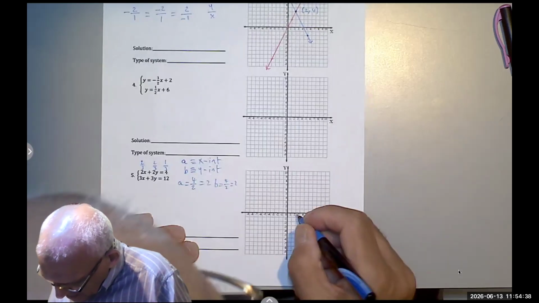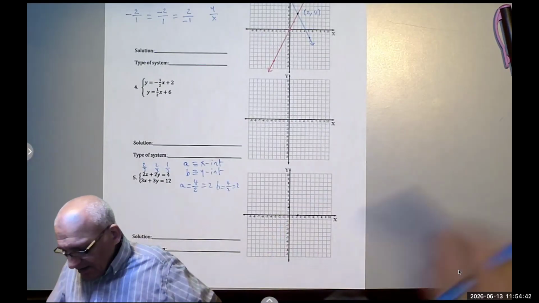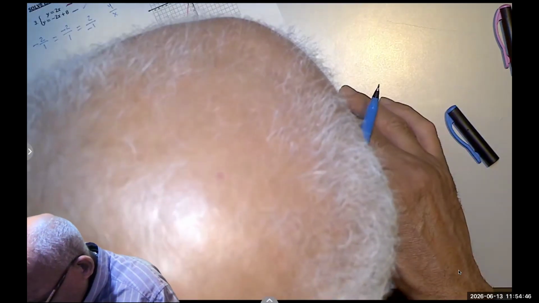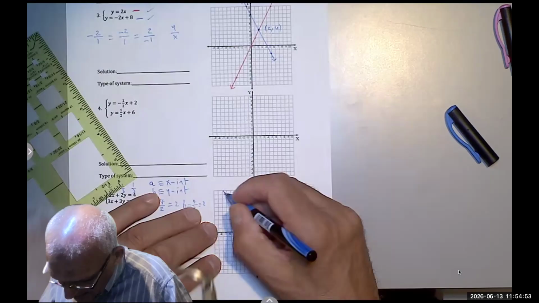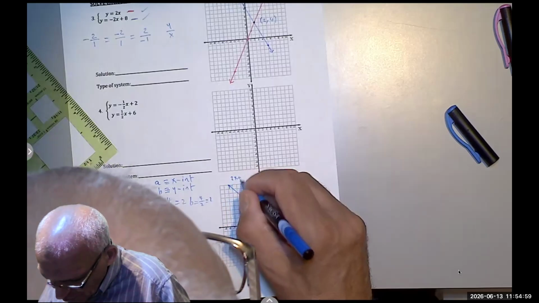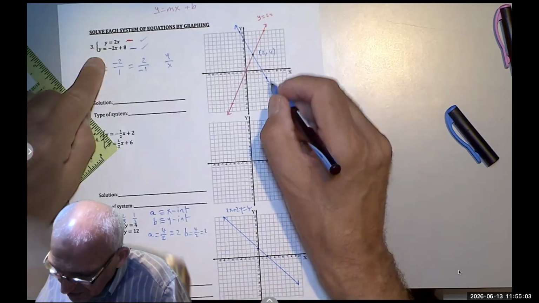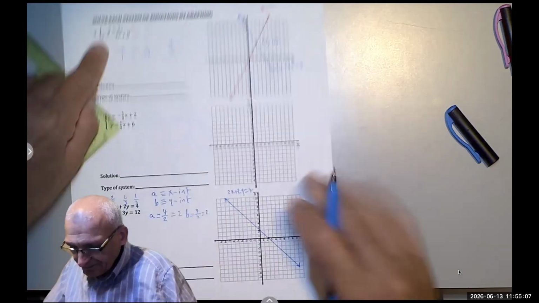So (0, 2) and (2, 0) are on the line, and I can plot the first line very easily. Here is the line, 2x plus 2y equals 4. Oh, by the way, here we didn't try the equation y equals negative 2x plus 8 in blue.